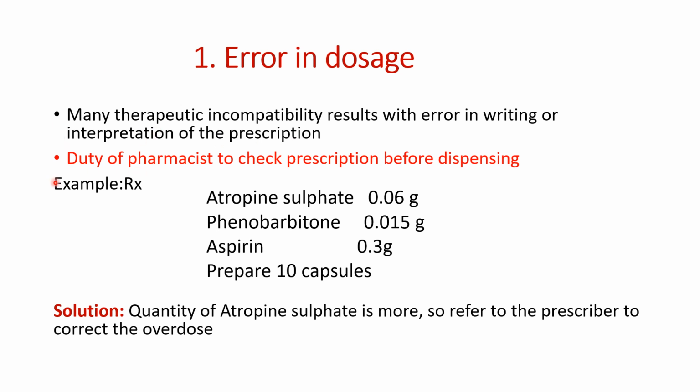So what is the duty of the pharmacist? He has to check the prescription before dispensing the drug. For example, he has to dispense atropine sulfate, phenobarbital, aspirin, to be prepared as a capsule. But if you see here, the quantity of atropine sulfate supplied is high. So what is the solution? He has to refer back to the prescriber to correct the overdose.